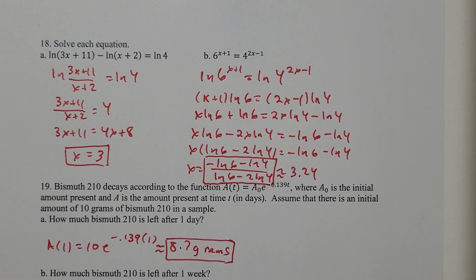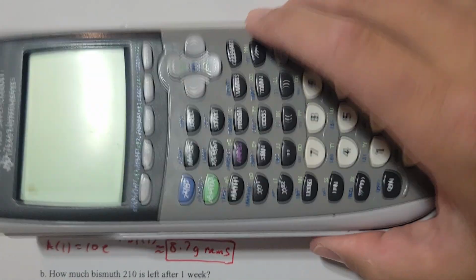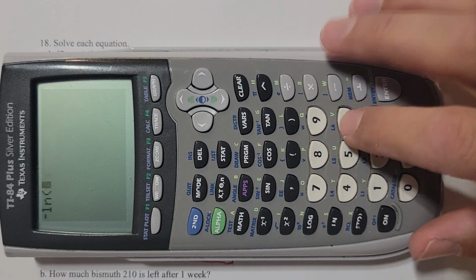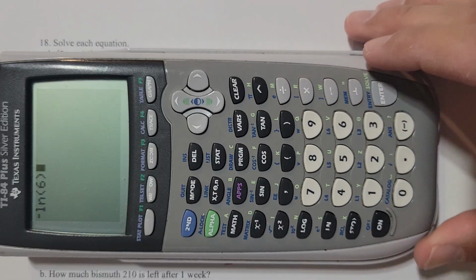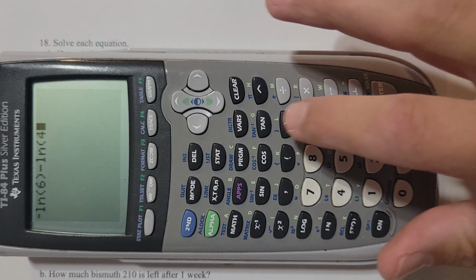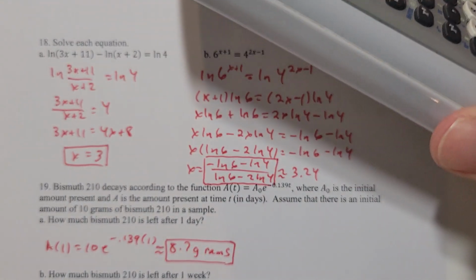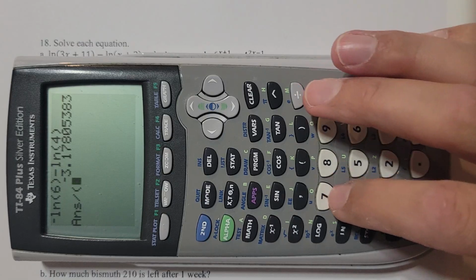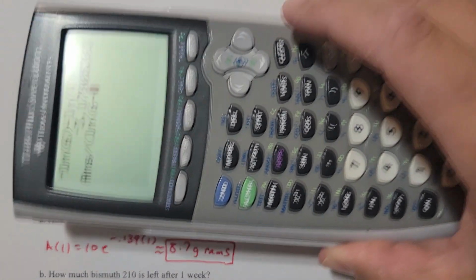So let's go ahead and type this into the calculator. We have negative ln 6 minus the ln of 4, and then we're dividing that by ln 6 minus 2 ln 4.